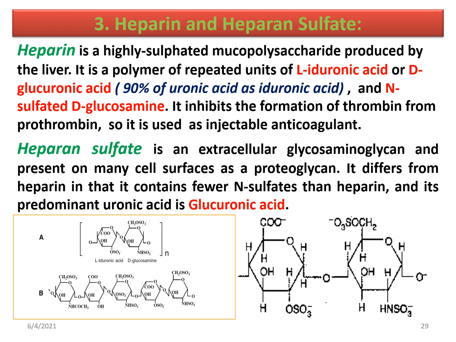Heparan sulfate contains the uronic acid glucuronic acid, instead of the iduronic acid that is present in heparin. Therefore, heparan sulfate contains mostly glucuronic acid, while the uronic acid in heparin is iduronic acid. The second difference is that heparan sulfate contains fewer sulfates than heparin.